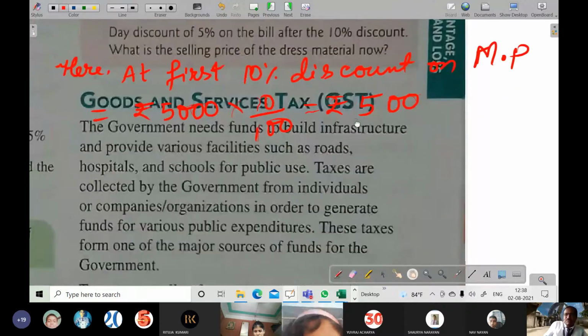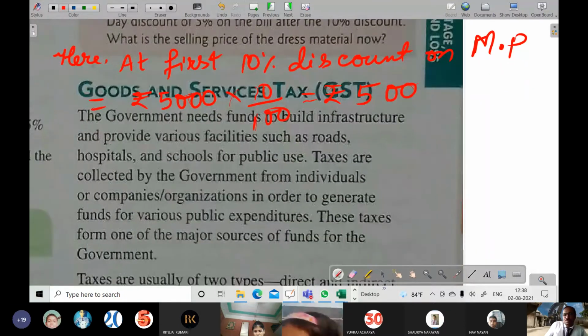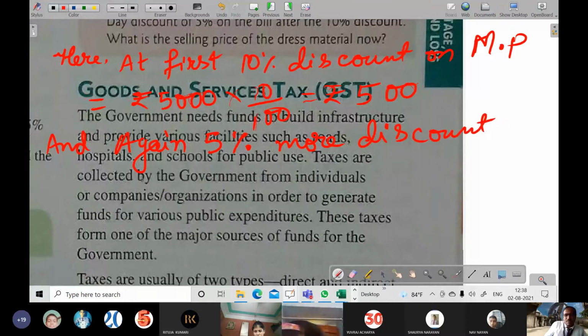And again 5% discount, and again 5% more discount is equal to... earlier it was 5,000 minus 500, because 500 was the discount. Now it has gone into 5 by 100. 5% we are finding, so 5 and percent are removed, then below comes 100.